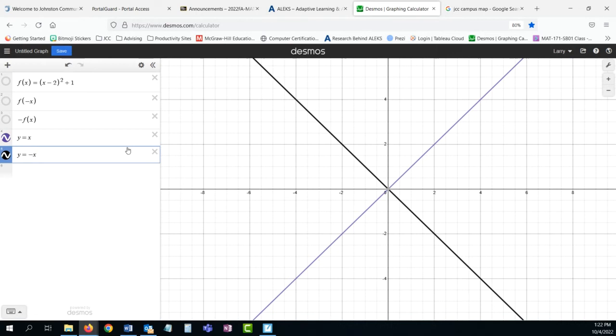There's your perpendicular. You see how where they cross one another, they split into 90-degree angles on both sides? That's what it looks like. So a slope of 1 is the purple line, a slope of negative 1 is the black line.